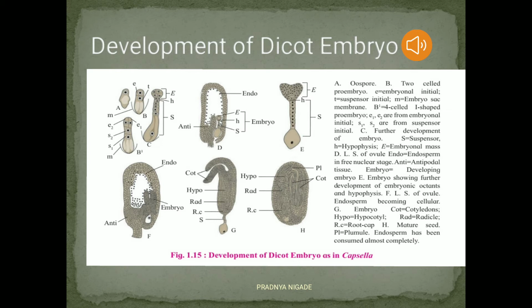After that, they form the lateral cotyledons and the apical or terminal plumule. The further enlargement of the hypocotyl and cotyledons results in a curvature of the embryo and then it appears horseshoe-shaped, shown in diagram G.